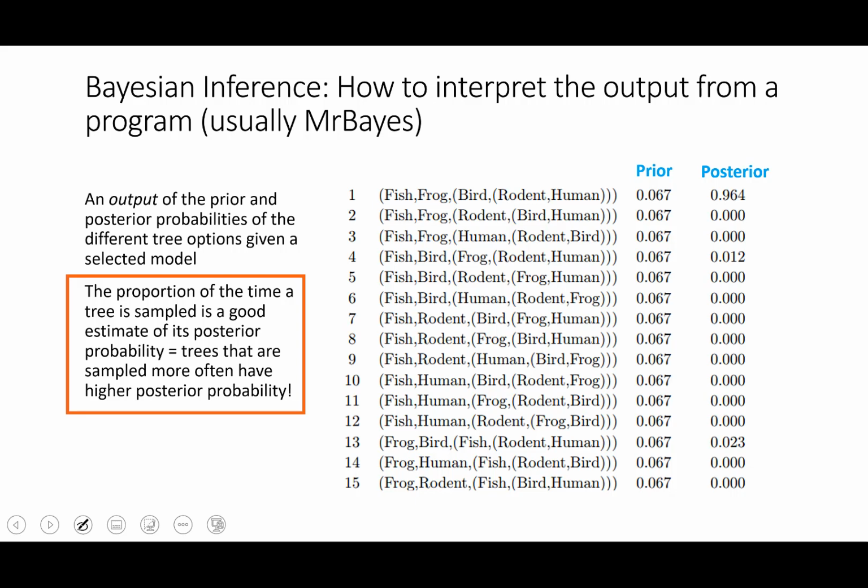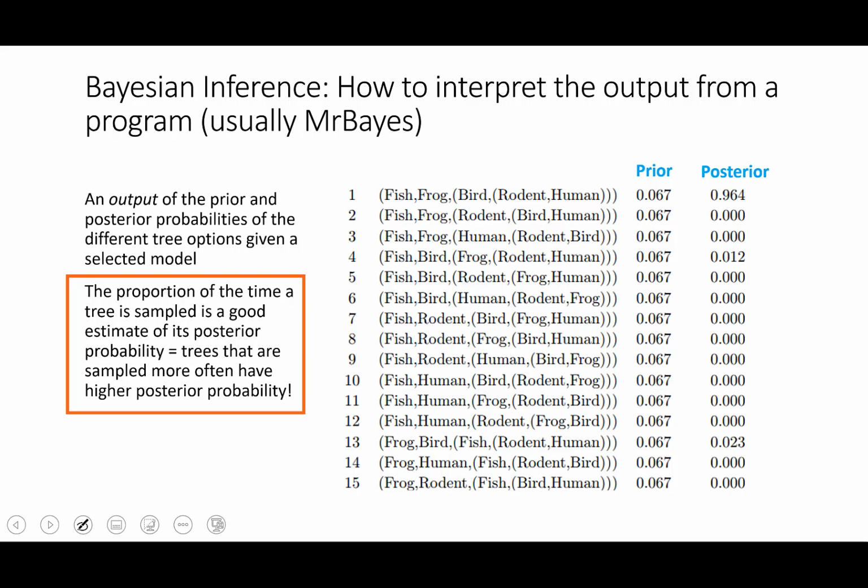So that suggests that just by chance, you are more likely to sample trees that have higher posterior probabilities, right? And that is the beauty of Bayesian analysis. The way that we search through tree space, we are basically forcing the program to look for those better trees. So the proportion of the time a tree is sampled is a good estimate of its posterior probability.